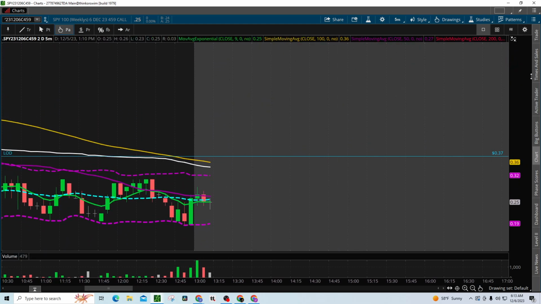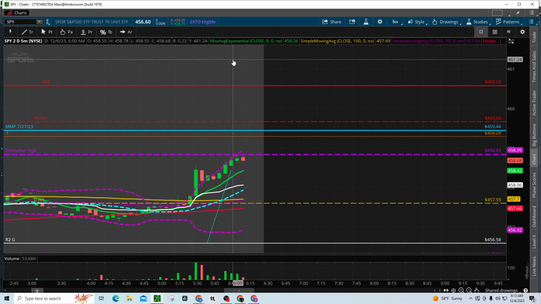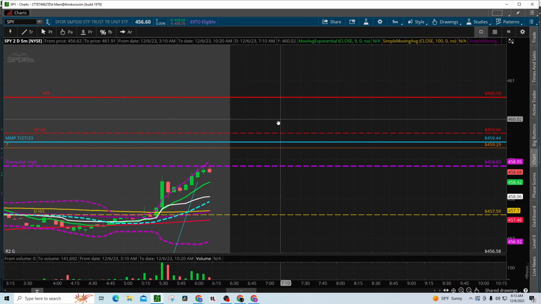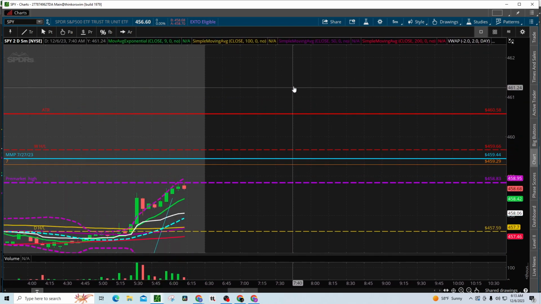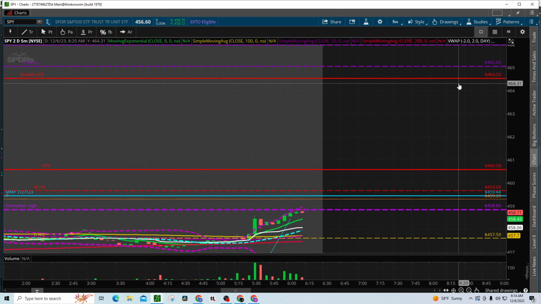This is all just trying to predict price action. This is going to come up. This is going to come down. Maybe they find resistance at the same time here as SPY finds resistance up here somewhere. But this can also just go straight up, up, up, up too. Because I have no lines here.